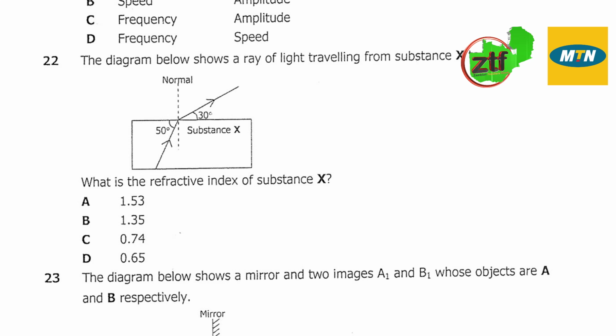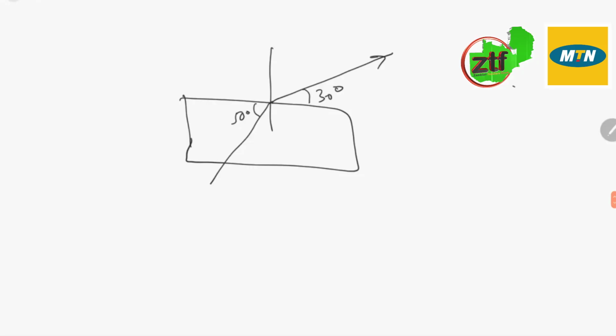Okay, so let me just draw this quickly so that we see what is happening. So this is our normal, and this is the ray that is coming to hit the boundary here, and it's getting refracted into the air, and this is substance X.